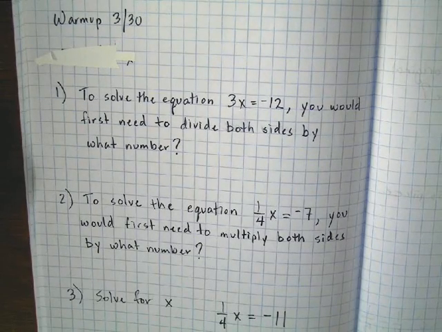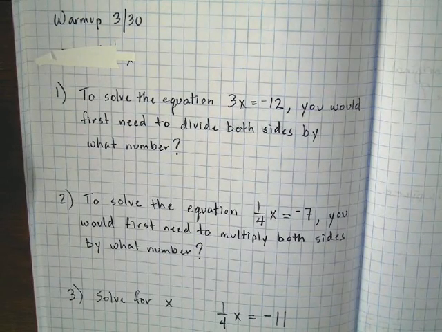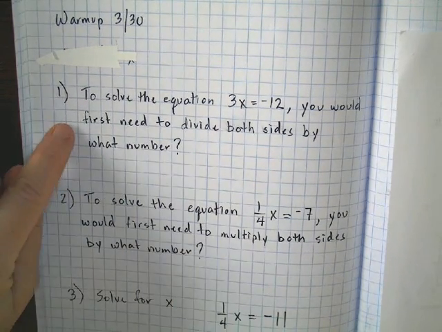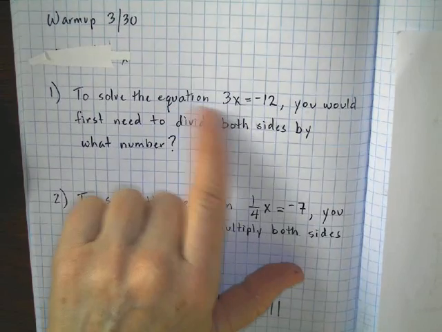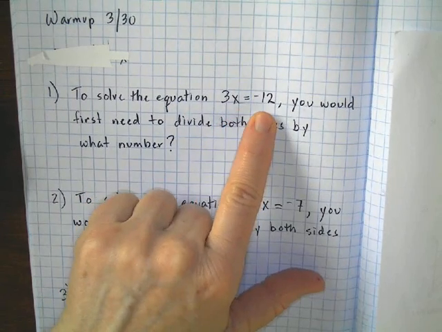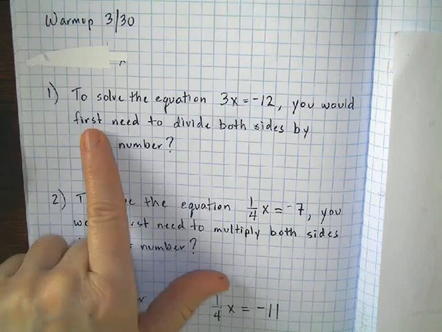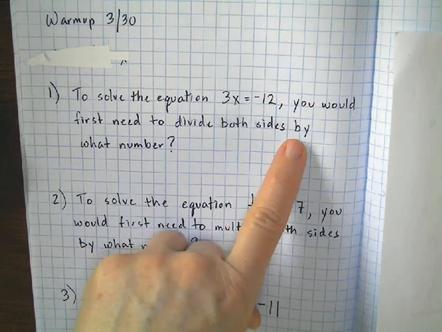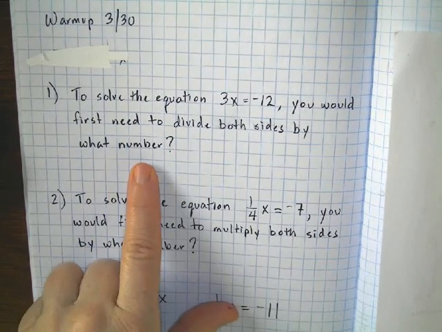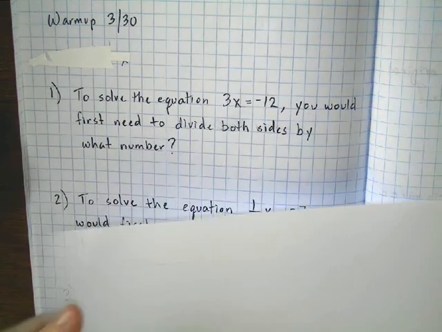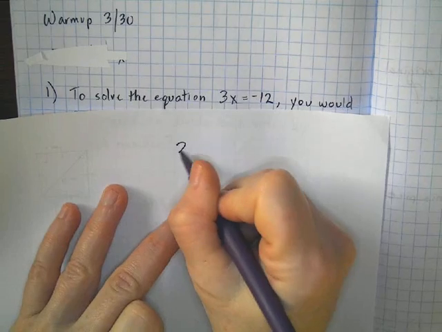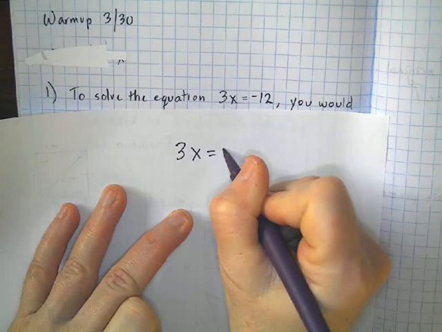Okay, so a couple of problems at the beginning of the assignment look like these. To solve the equation 3x equals negative 12, you would first need to divide both sides by what number? So it's asking for the first step, and they're assuming we're going to do the balance method.